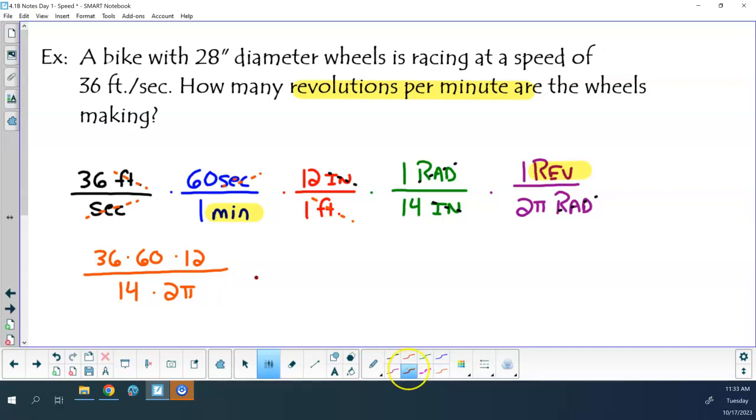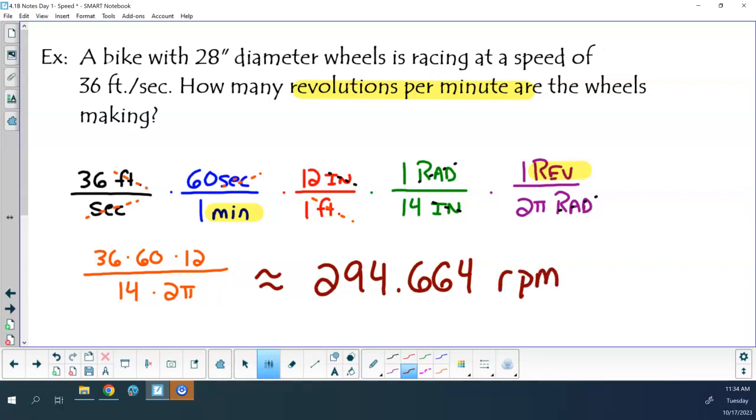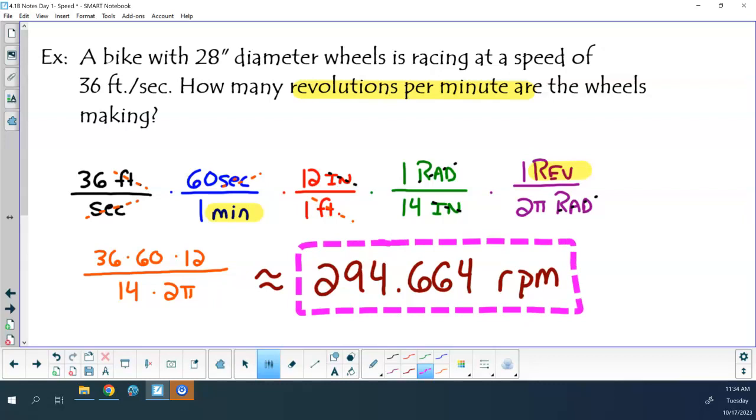Approximately how many revolutions per minute to 3 decimal places? 29 what? I got 294. I was hoping somebody matched me because I didn't have 290.